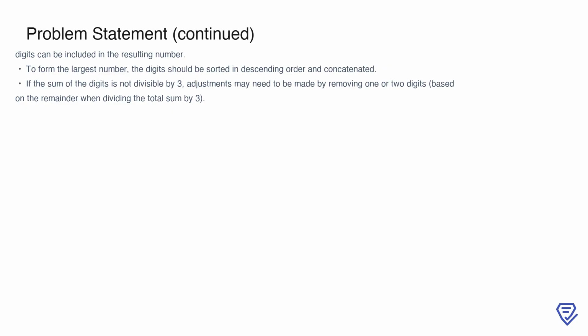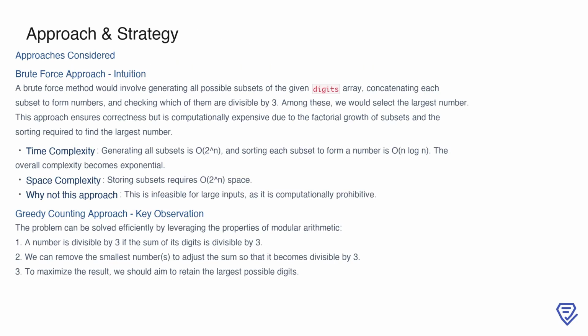To tackle the problem of finding the largest number divisible by 3, we first consider a brute force approach. The intuition here is straightforward: generate all possible subsets of the given array of digits, concatenate each subset to form a number, and check if it's divisible by 3. From the valid numbers, we would then select the largest one. While this guarantees correctness, it is computationally expensive.